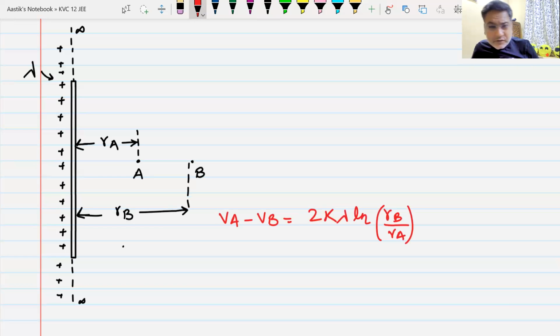How do we get this? Probably we'll understand in this class only. In this case, I cannot define the absolute potential because even infinity does not have zero potential. So I can only find the potential difference between the 2 points.